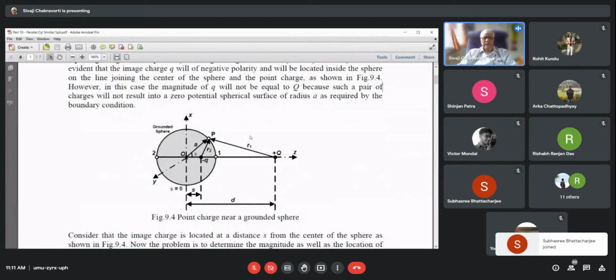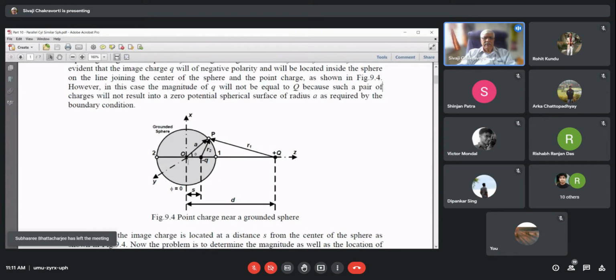So first we start in this way: instead of two spheres, I am taking only the grounded sphere. You can see here the grounded sphere. And then I am saying that at a certain distance d from the center of the sphere, I have a plus q charge. This is my assumption.